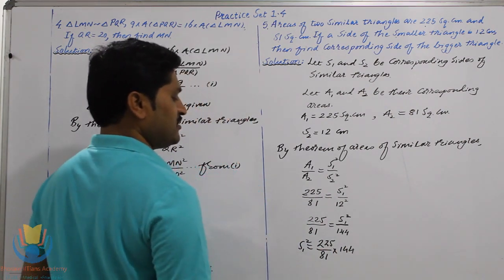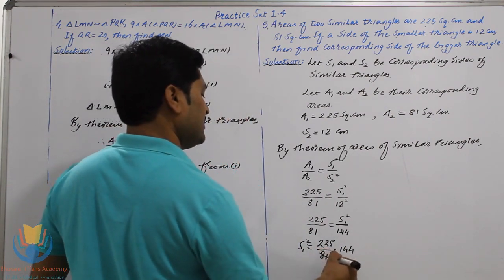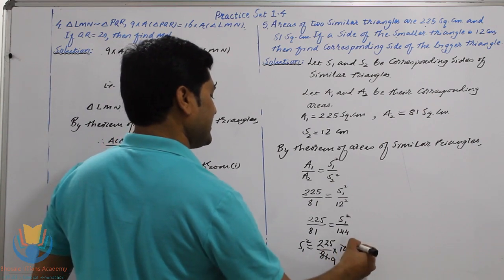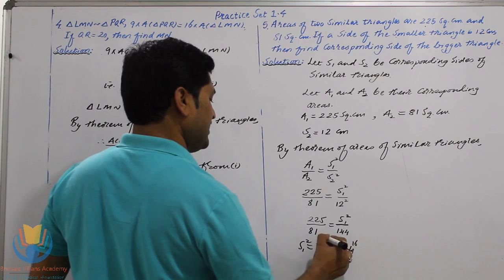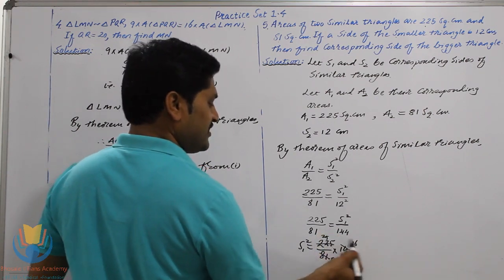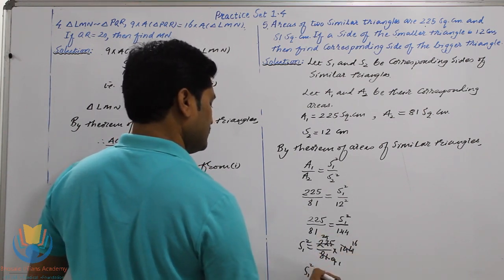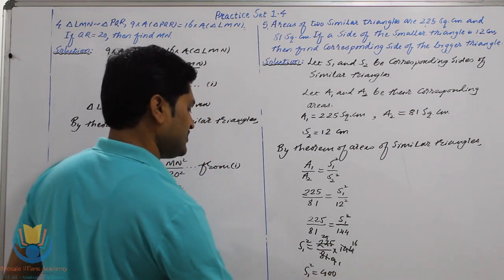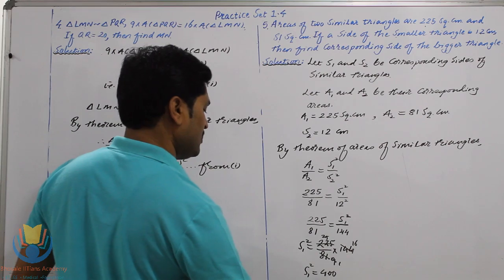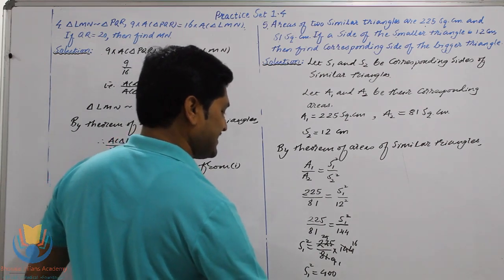So we have to simplify it. So this is 9 9s and this is 9 16s. Again this is 9 1s and this is 9 25s, and 25 16s is always 400. So taking square root on both sides, this S1 will be equal to 20 centimeter.